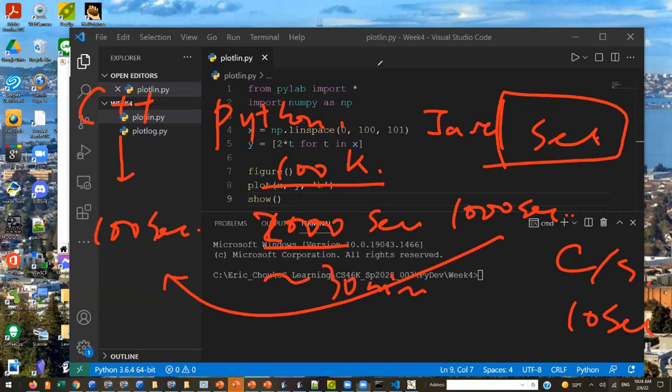But if in the future you feel that Python is really slow, let's try to speed up using C++. That's the purpose of studying programming languages. You install some program in a certain language on a certain machine, and you figure out that it's too slow.